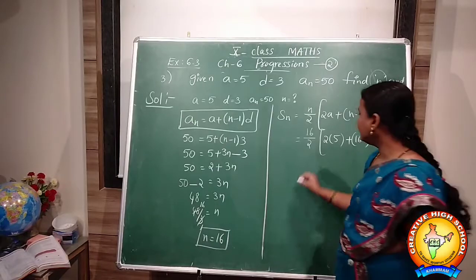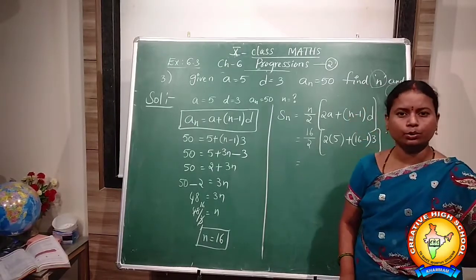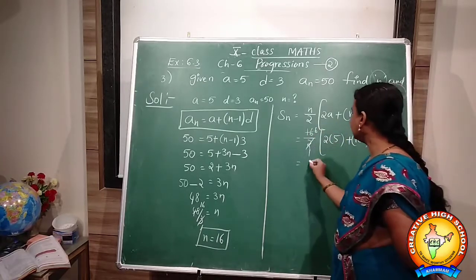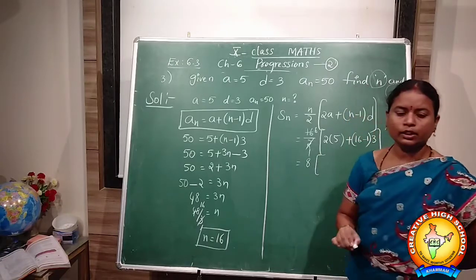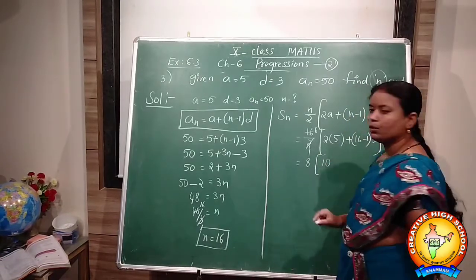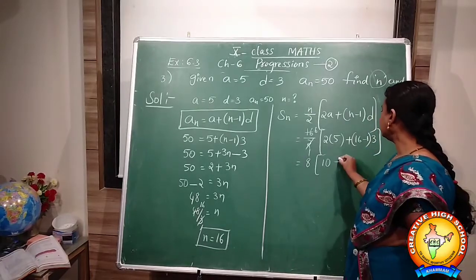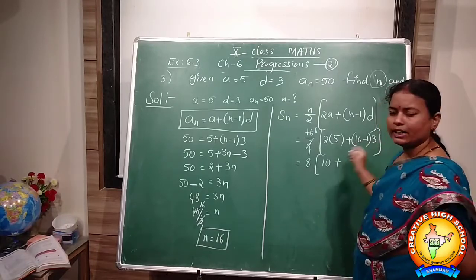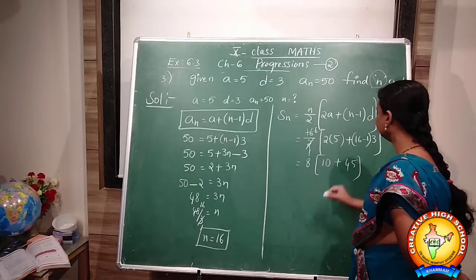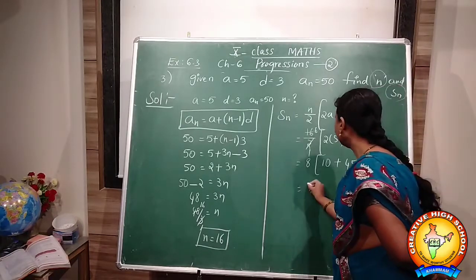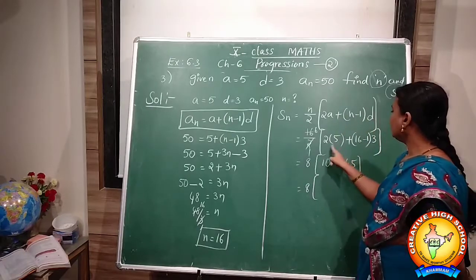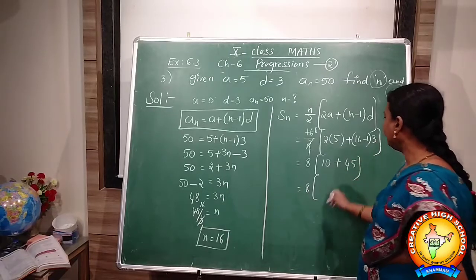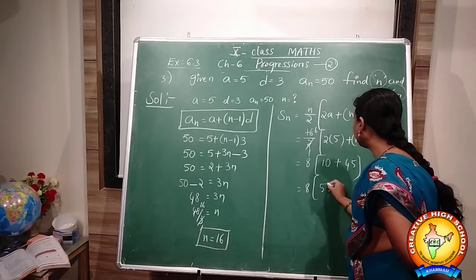Now let us simplify this. We can cancel 16 with 2, it will become 8. 8 into 2 fives are 10, plus 16 minus 1, that is 15, 15 threes are 45. 10 plus 45, it will become 55.